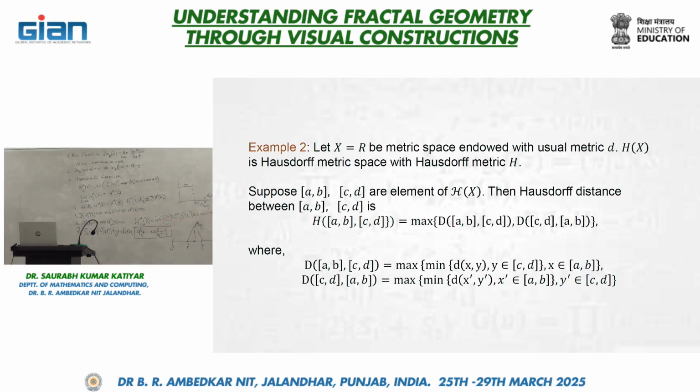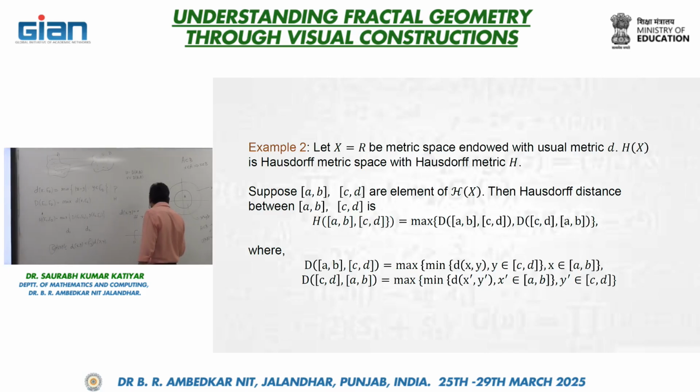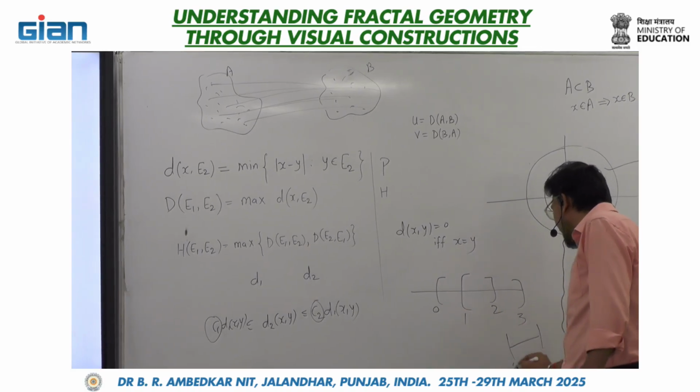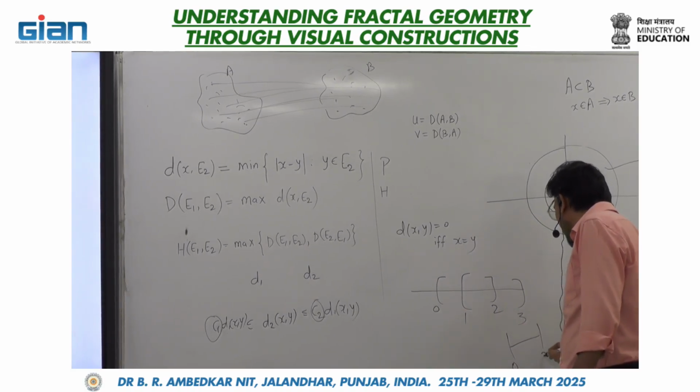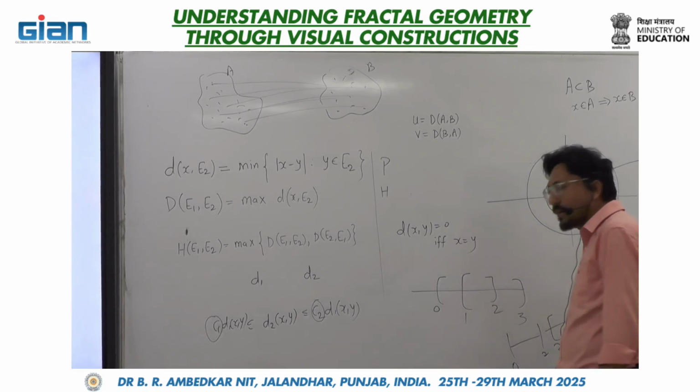I have given Atanu these exercises: suppose 0 comma 1 and 0 comma 2, and this is 1 comma 3, what will be H of A comma B, and like 0 comma 2 and here 3 comma 5, then what will be H of A comma B?